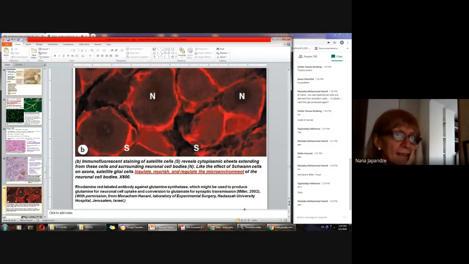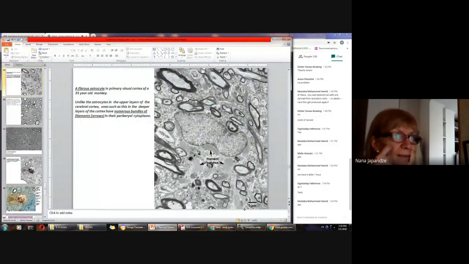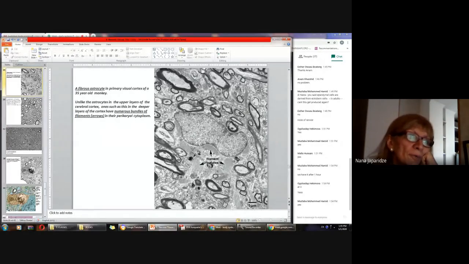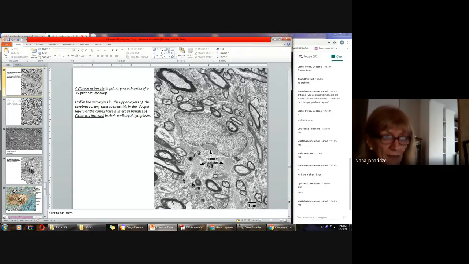Okay, look, this is an image of a fibrous astrocyte. And you see here, look, this is the cell body. You see here the cell cytoplasm and a protrusion of this cytoplasm.